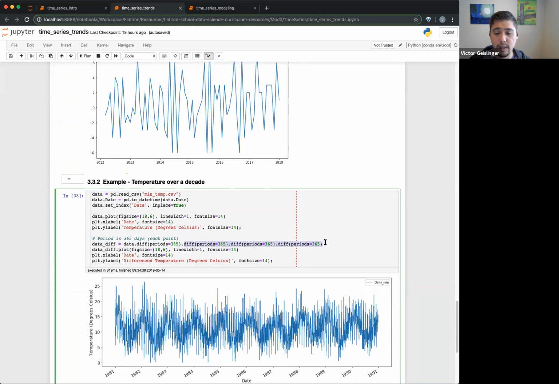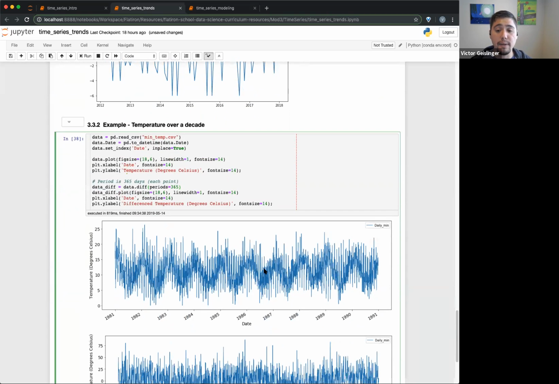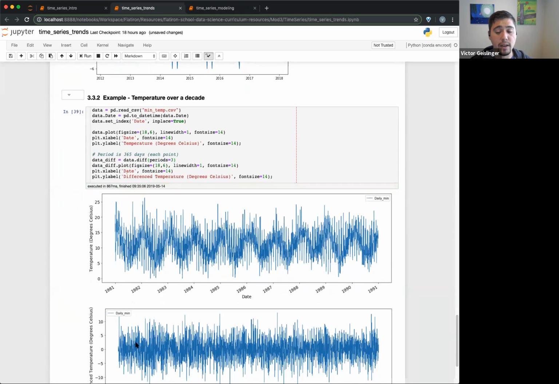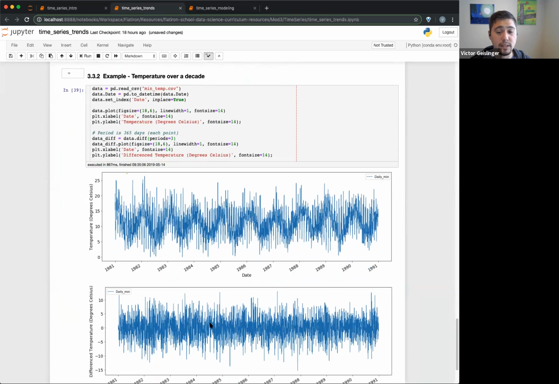That's an interesting point. One thing you might notice too with .diff, I did this periods. If I do a lower one than it should be, you'll still get that periodic function in there, but it won't be as clear. And you can see that it's a lot harder for us to see what's going on here. So this period is really important to understand, like, what is the context, what is that period that we're going over and over again.